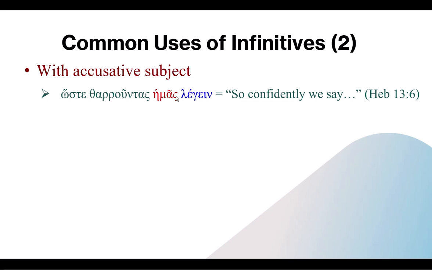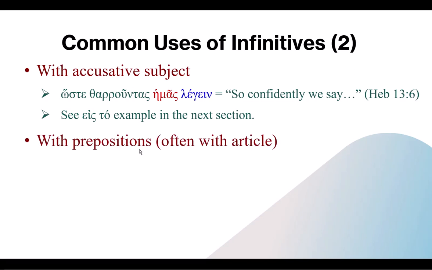Here we have an accusative, first person plural pronoun, us, and then we have legein, saying, but we would translate that as we say. So that confidently, us saying, or so that confidently we say, and then it goes on from there. We have another example in the next section of an accusative subject with an infinitive.